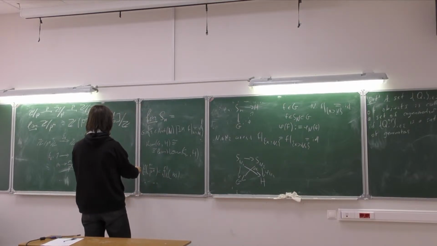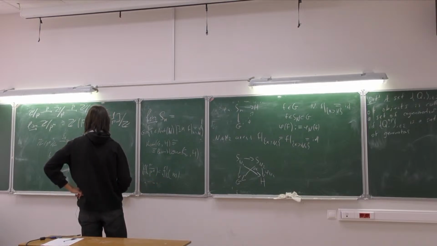I will define phi this way. So we just need to check that everything commutes and that it is a group homomorphism.